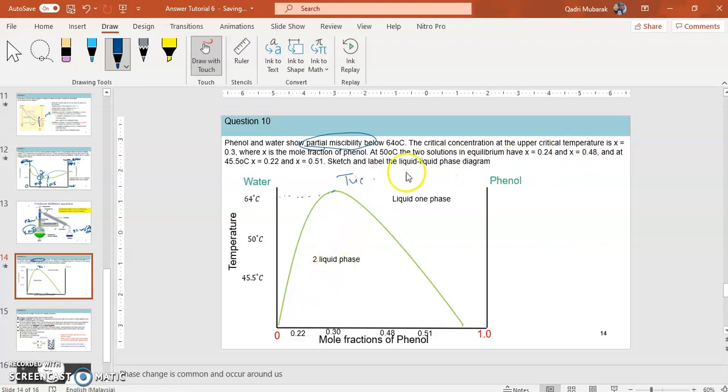The critical point is when it is 0.3, where S is the mole fraction of phenol at 50 degrees. The two solutions have S equal to 0.24, and the other we plot will be 0.48, and at 45.5 degrees centigrade, S equal to 0.22 and S equal to 0.51. So again, when we plot this one.